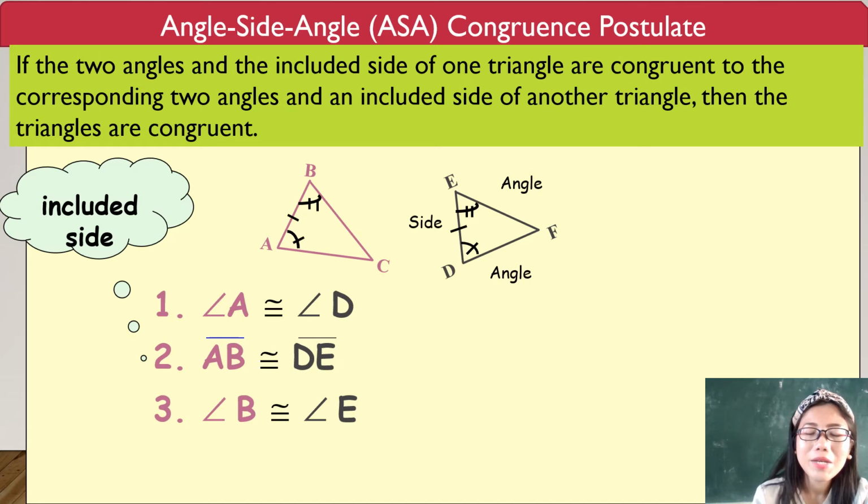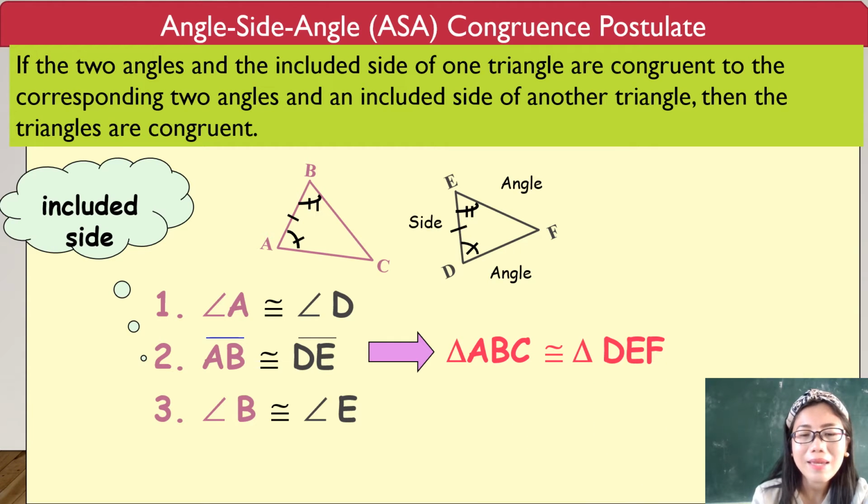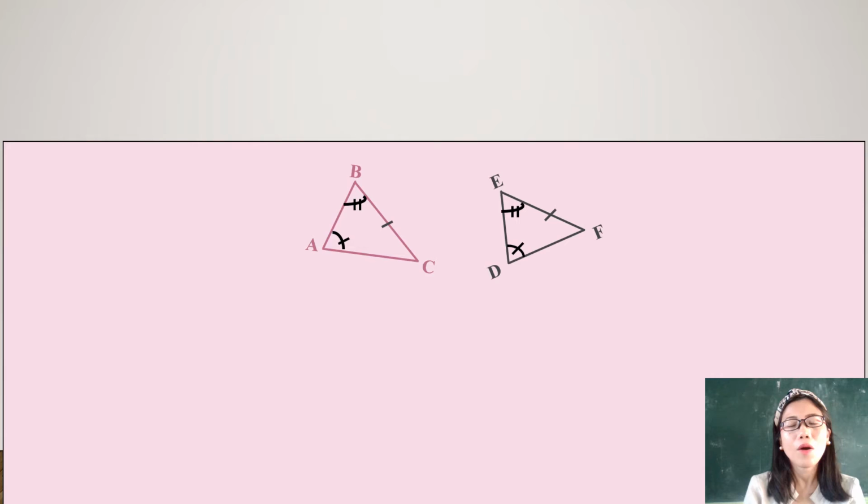And third, you have your angle B is congruent to angle E. So we have angle, side, angle. From this given, we can say the triangle ABC is congruent to triangle DEF. We're done with the three congruence postulates.